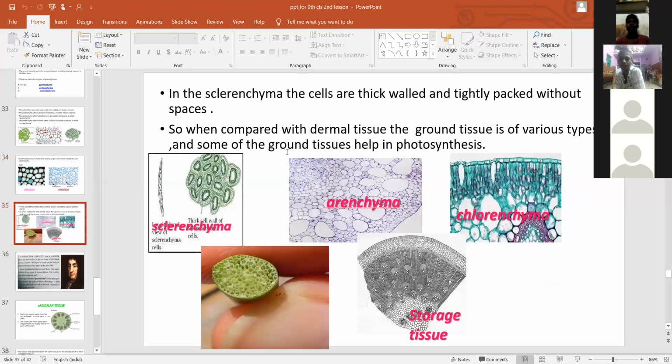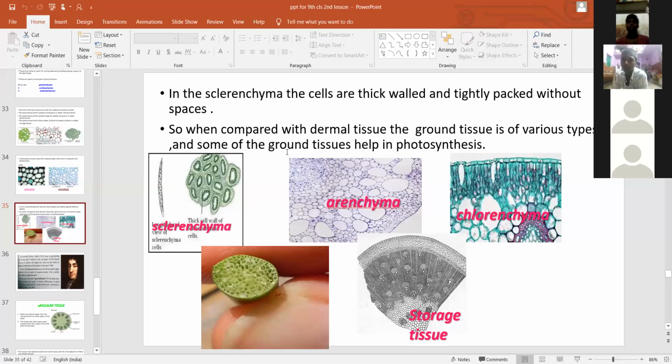Next, in the sclerenchyma, the cells are thick walled and very tightly packed. They do not have spaces between the cells.